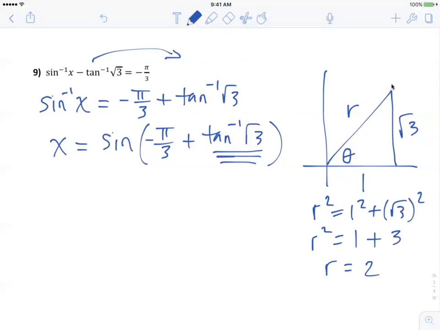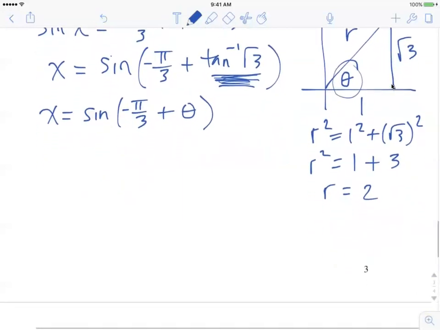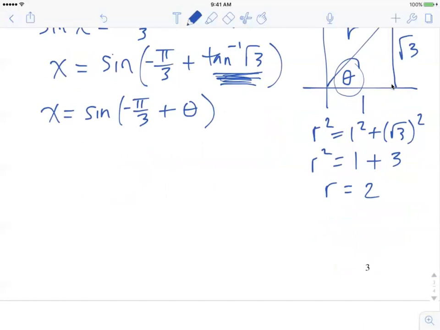But what I'm going to do is now take this and replace it with my picture, because that's equal to the theta in my picture. So I now have sine of negative pi over 3 plus theta. That makes it a little bit simpler to work with in my equation here. Okay, now check this out. You have sine of two things added together. To deal with that, use an identity, right?